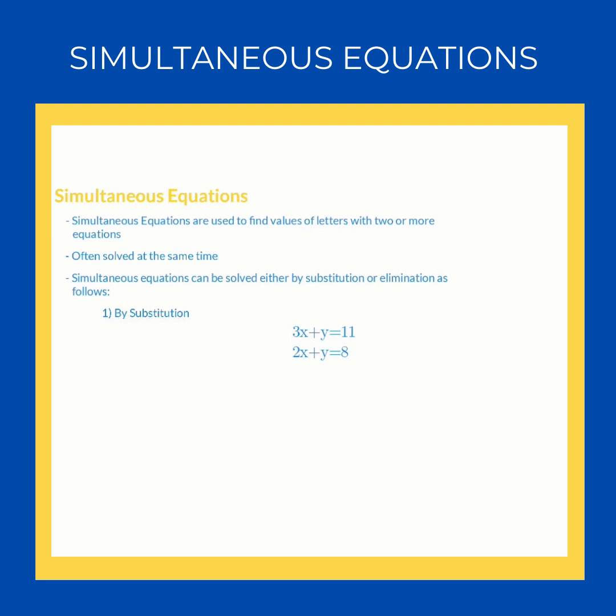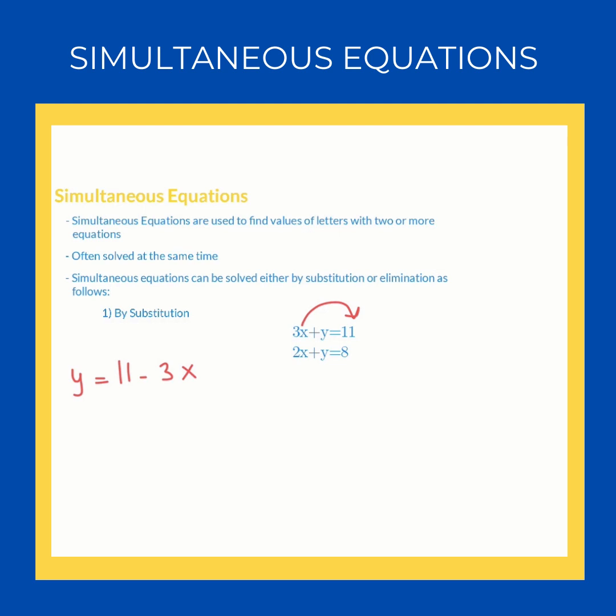So I'm going to choose the first equation and I'm making y the subject. So I'm moving 3x to the right hand side of the equation. So y becomes equal to 11 minus 3x.